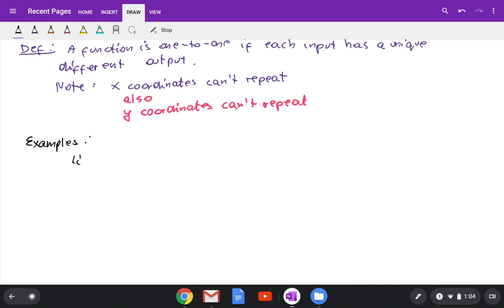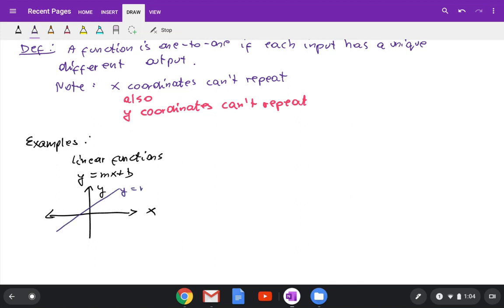Linear functions, y equals mx plus b. The graph of a linear function is definitely one-to-one. Each input has exactly one output, and that's a unique output.